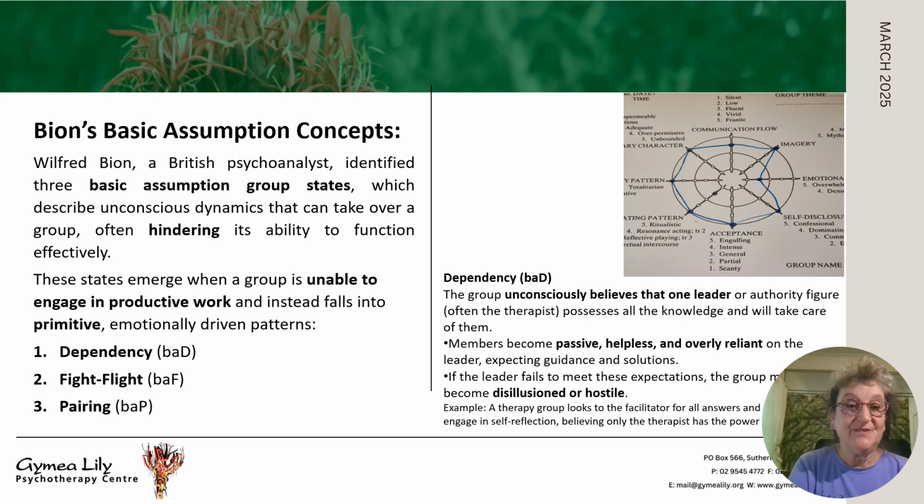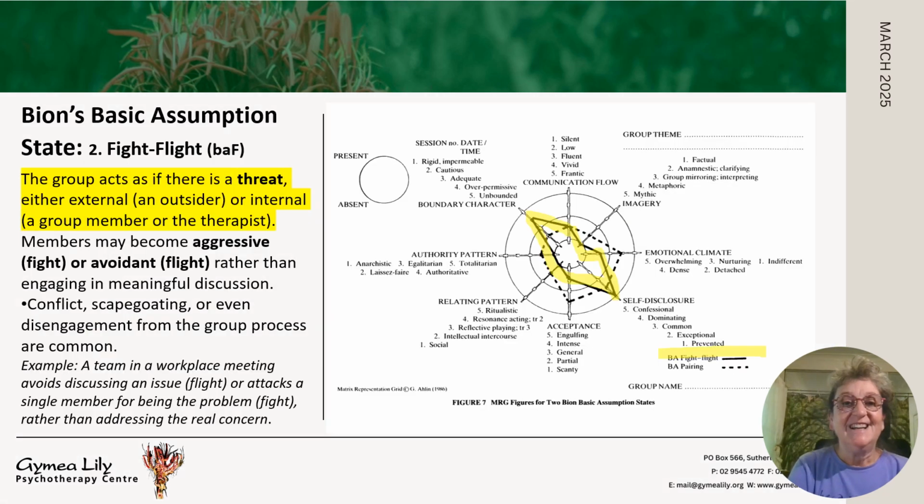Let's move to the next slide. And that is Bion's basic assumption number two, the fight-flight, BAF. I've again graphed it. This time it's the yellow, which is hard to see, but it's a solid line. Can you see how it's not much of a circle at all?